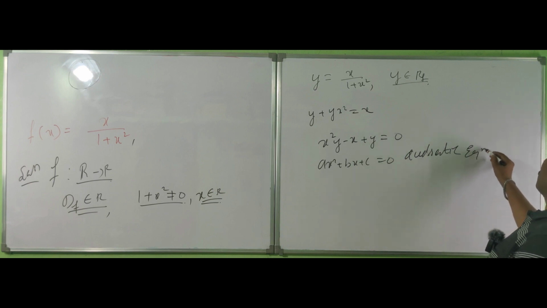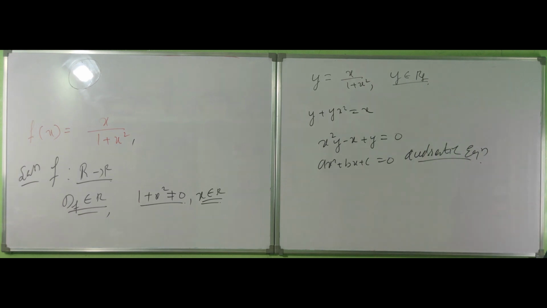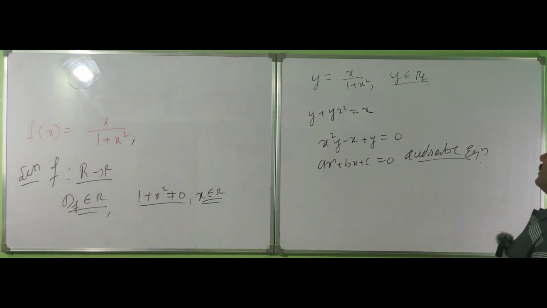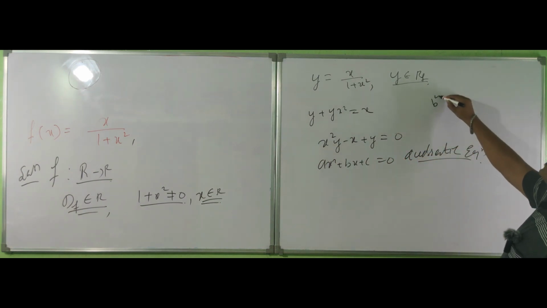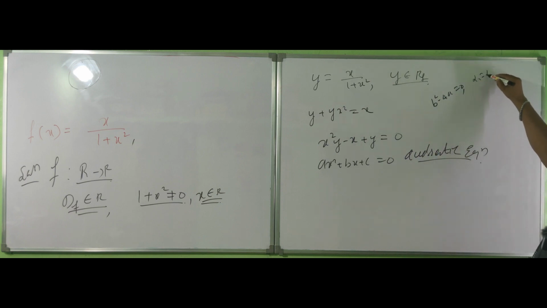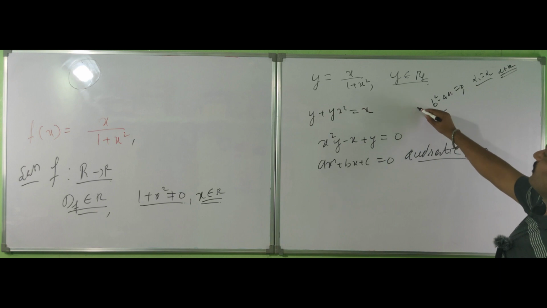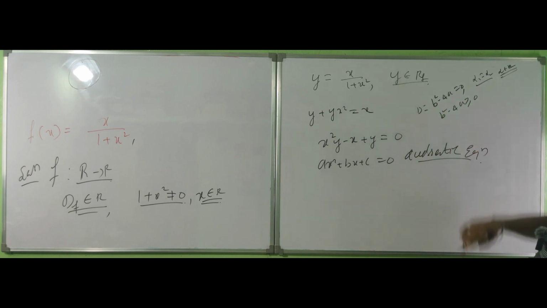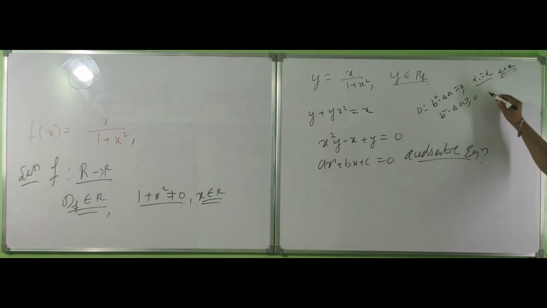And how to find the x values? The formula is the discriminant, b square minus 4ac. If it is equal to 0, the roots are equal, alpha 1 equal to alpha 2, and alpha belongs to the real numbers. If b square minus 4ac is greater than 0, then alpha 1 and alpha 2 belong to R, real numbers.